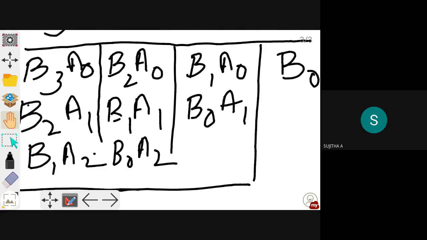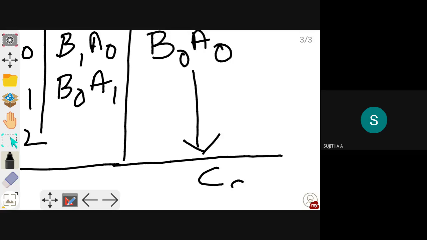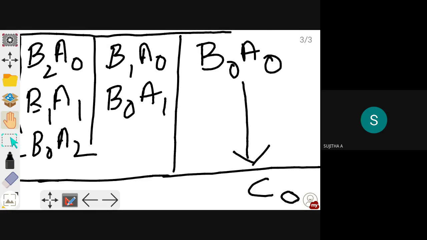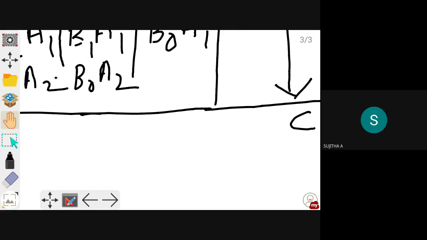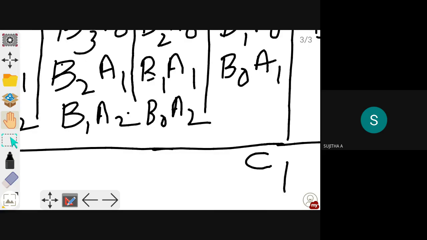Directly, B naught A naught you are going to obtain as C naught. Then you have to add these two, and that output will be C1. This output should be C2.